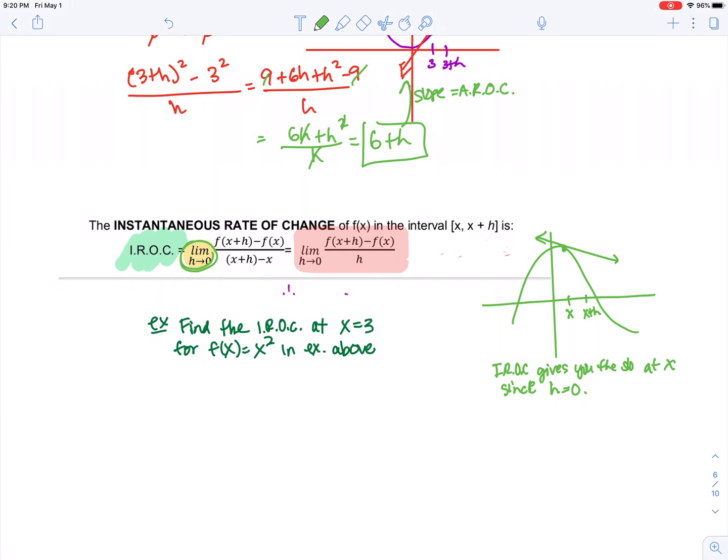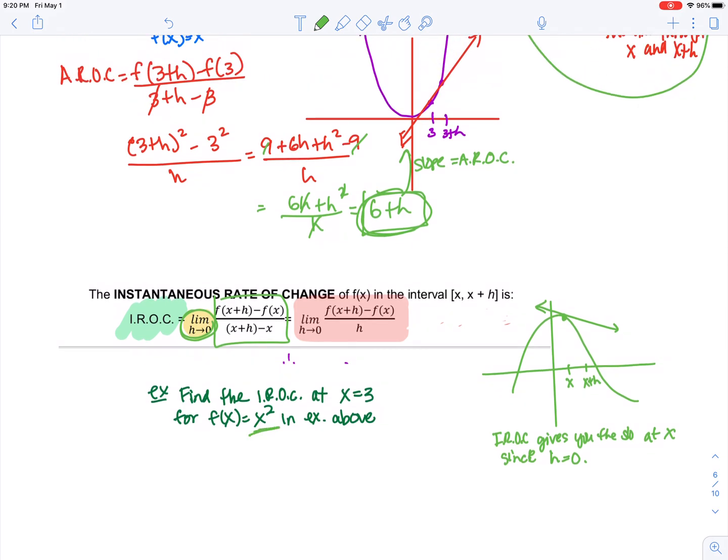So we already did most of the work. We already found this whole piece of the formula above. We're still using x squared at x equals 3. The only difference is now on my parabola, we want to find just the slope of the line at 3. We know that slope is 6 plus h, and h now is going to be 0. So all we have to do to get the instantaneous rate of change is plug in 0.